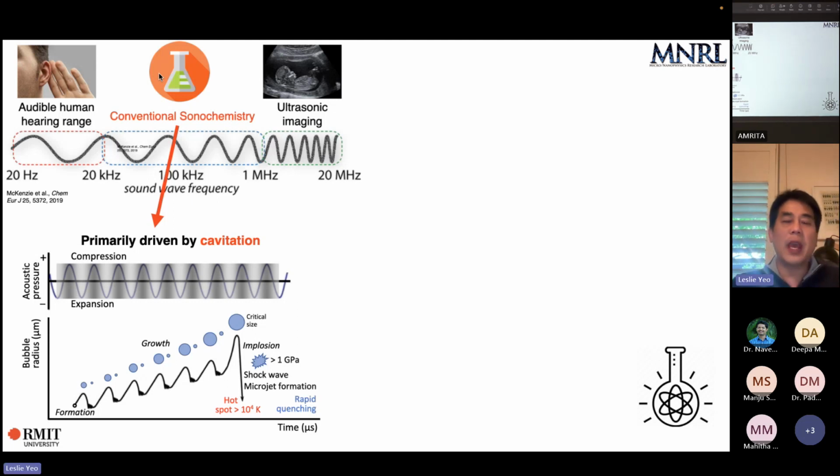Okay, and as you know, cavitation is this rapid implosion of bubbles at very, very fast time scales. And when you have this implosion, you've got really high temperatures, really high pressures, more than 10,000 Kelvin, more than a gigapascal. And that energy is typically used to drive chemical reactions or materials manipulation, right?